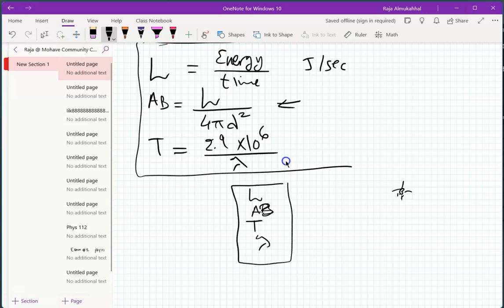So I have all this information about this distant star. With this information, can I measure its size? When I say size, basically radius. Can I measure its radius? You see what I'm saying? And the answer is yes, we can do that. So I'm going to talk about that.